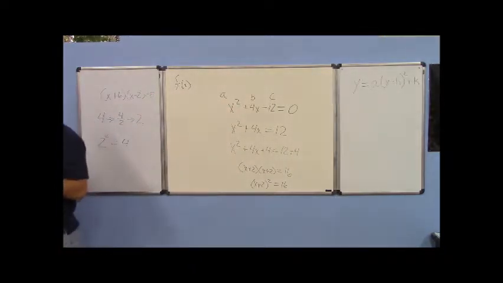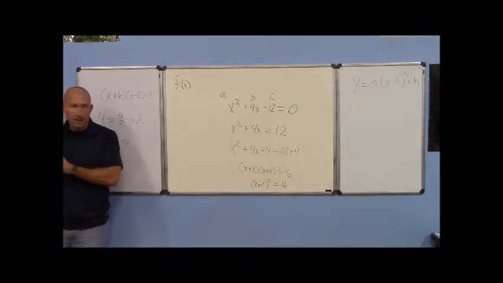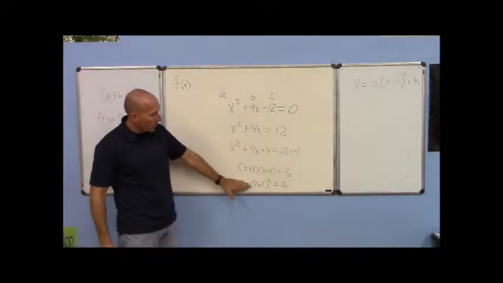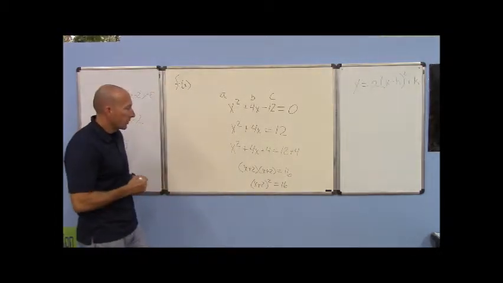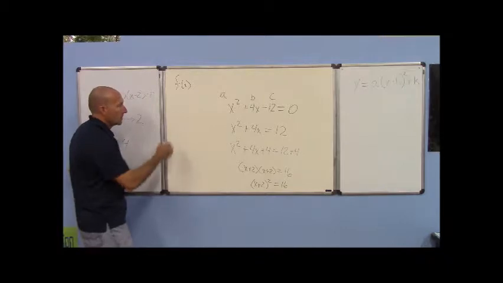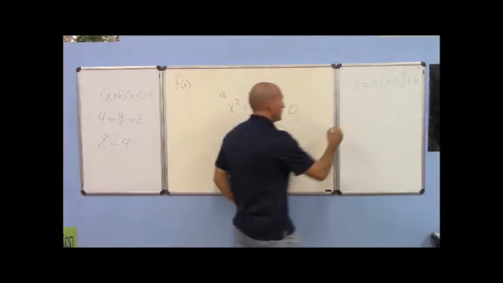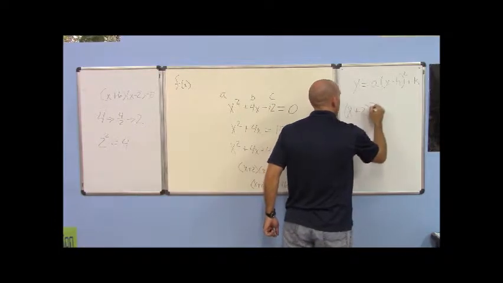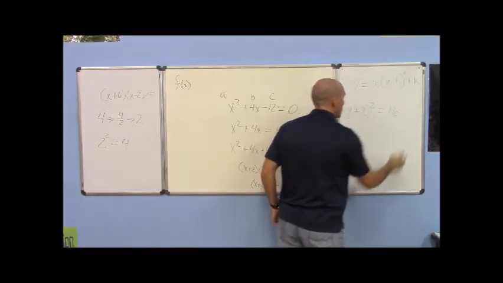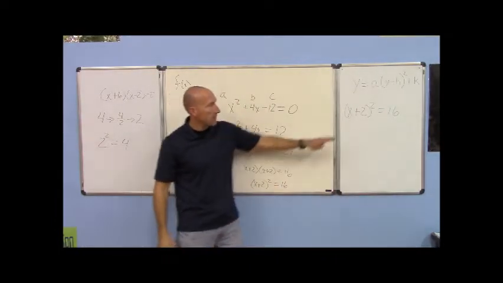Now this is where the term completing the square fits in. Now we can take the square root of both sides. x plus 2 squared equals 16. All I did was move this to here.